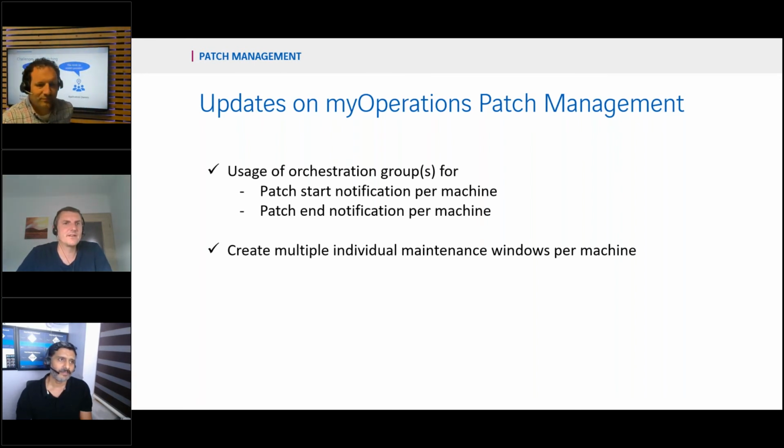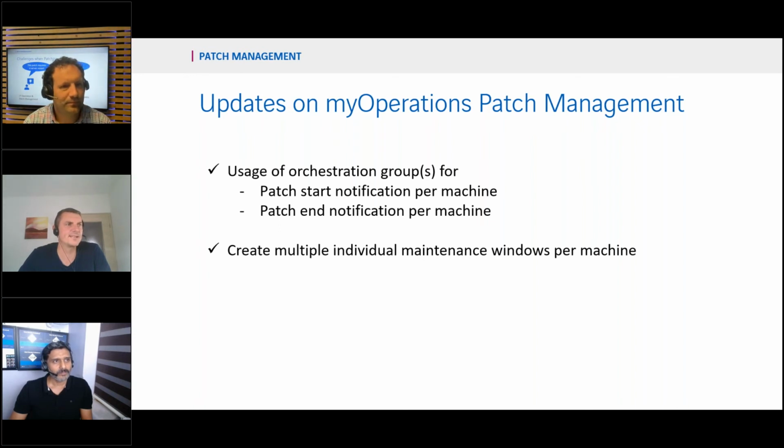It's a feature that I think is still in testing mode, so it's not really production ready perhaps, but it would be a nice feature, because with the orchestration group we can use a pre-start script and a post-patch script, which I would like to use with our product, so that the system owner sees the system starts now with the patching.